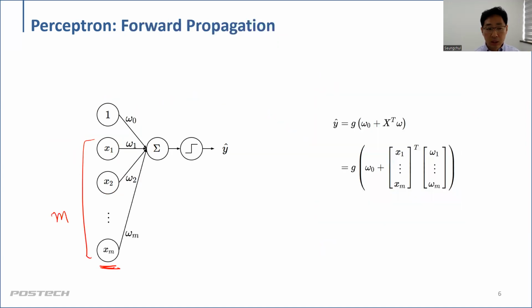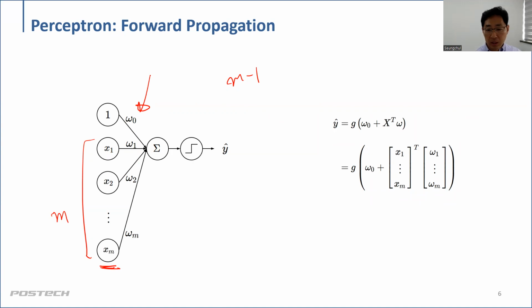Now in this perceptron, the input is m-dimensional space, and the omegas are going to represent m-1 dimensional hyperplanes in order to split or separate into two regimes.